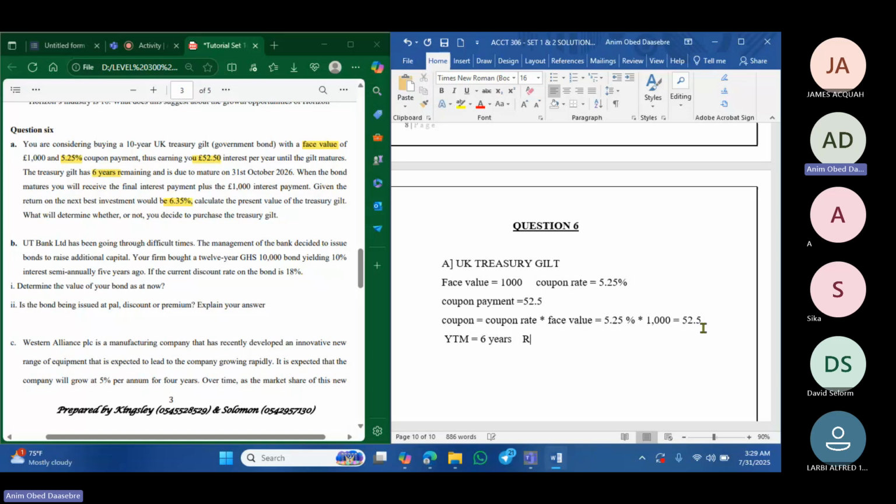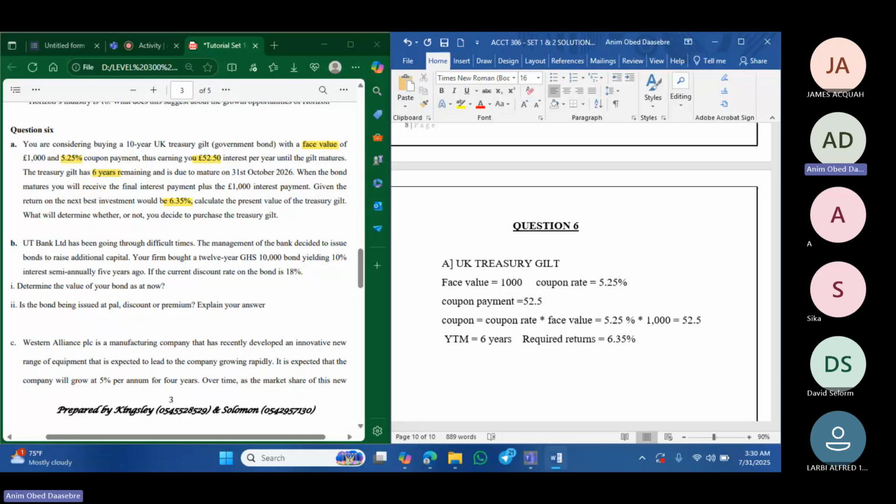And then we have the required return, also 6.35%. I hope that's all the information.